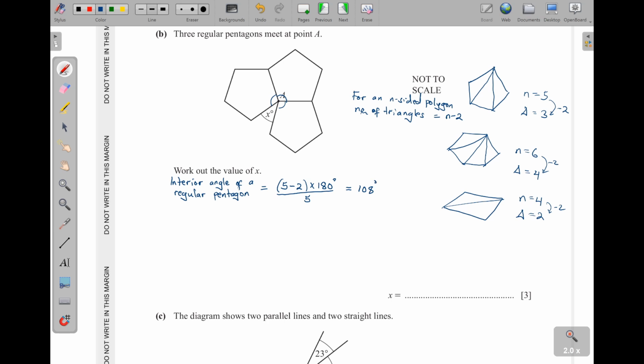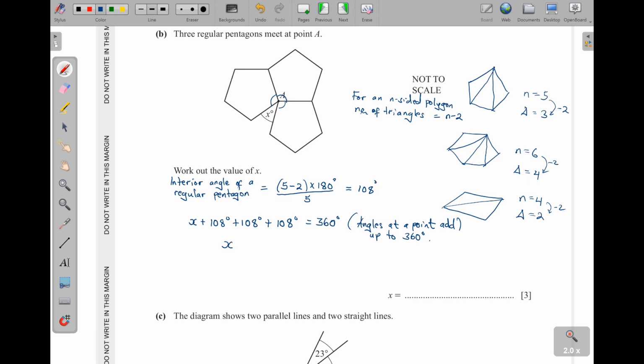So meaning now we shall have x plus 108 plus 108 plus another 108. Then this one will give us 360 degrees. Why? Because angles at a point add up to 360 degrees.